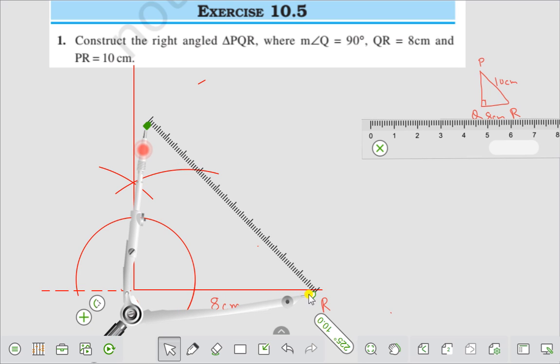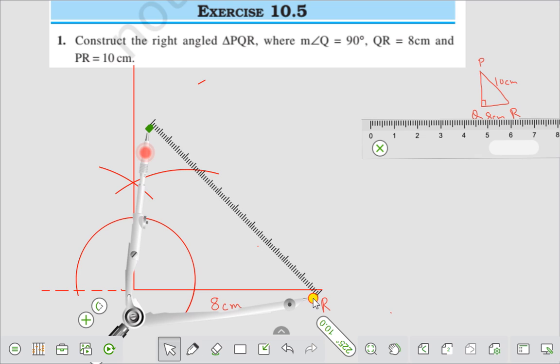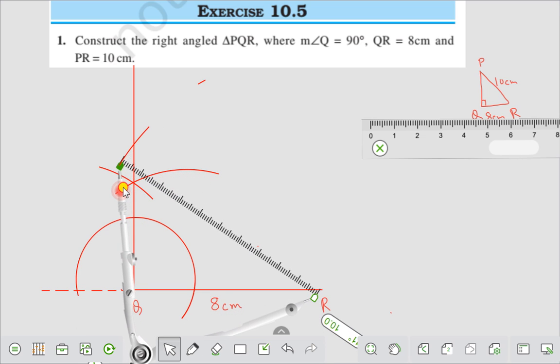Right. Putting the point at this point R, take an arc on this line. That will give you 10 centimeters, right?